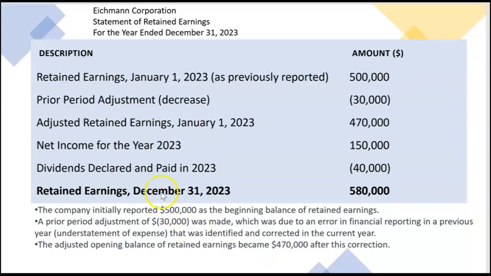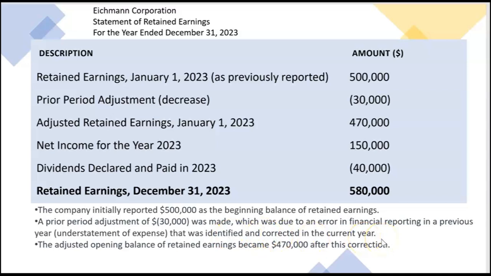And then there would be a footnote which talks about the prior period adjustment. It would say the company initially reported $500,000 as the beginning balance of retained earnings, but then a prior period adjustment of $30,000 was made, which was due to an error in financial reporting in a previous year. Maybe there was an understatement of expense in the previous year that was identified and corrected in the current year.